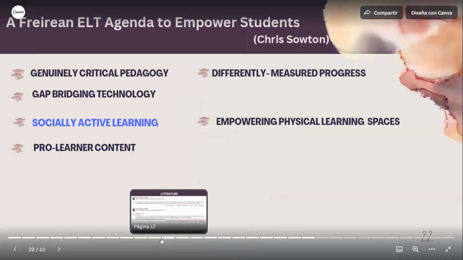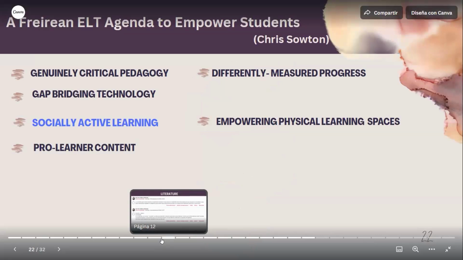There is some literature that you can resort to, right? Like this Freirean ELT agenda to empower students by Chris Soughton. He wrote about Paulo Freire. And well, there you've got some of the bullets that he's interested in.